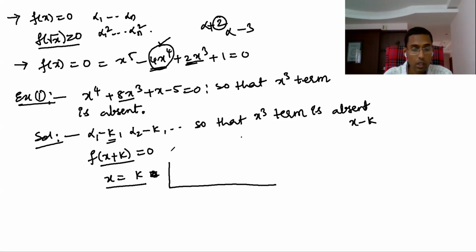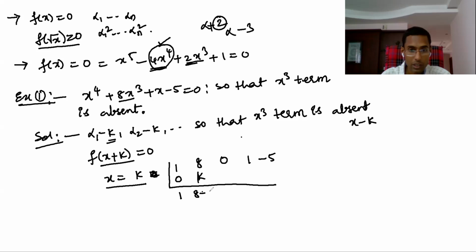Let's take the coefficients: 1, 8, 0, 1, minus 5. Here this is 0 and this is 1. Here 1 into k, so next you get 8 plus k.